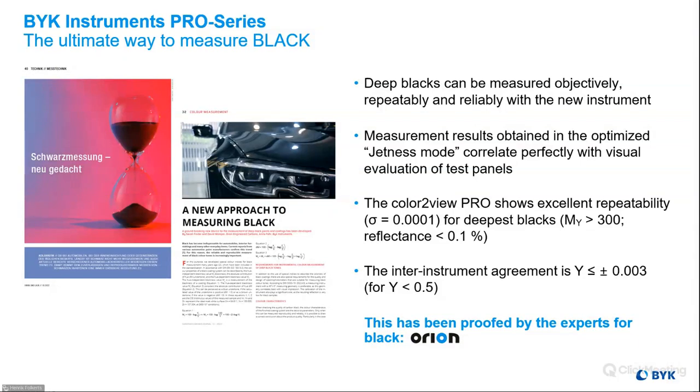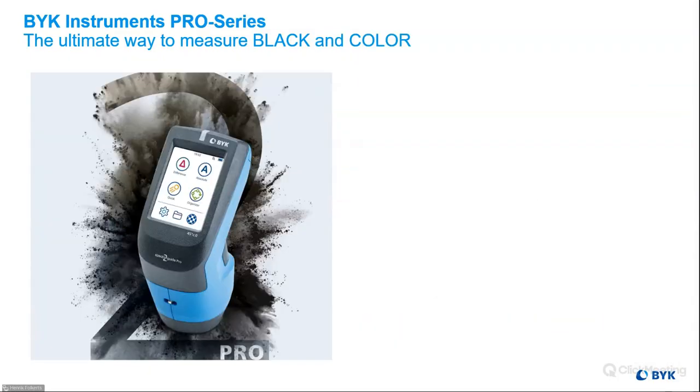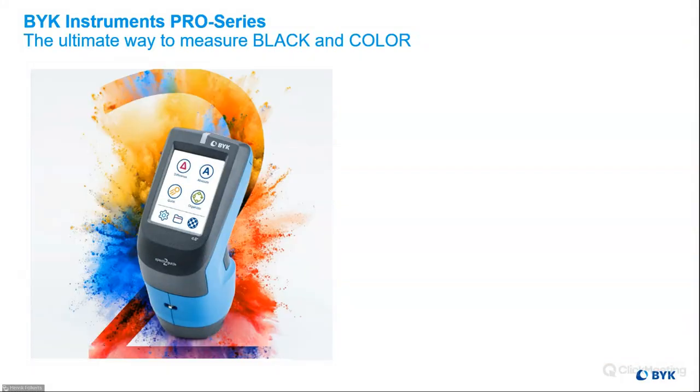And available again are these instruments: as a handheld instrument called Spectro 2 Guide Pro, it can measure all colors, the deepest blacks, and gloss, and can check for fluorescence. So deep black, and as a nice picture for that, it can also measure color.